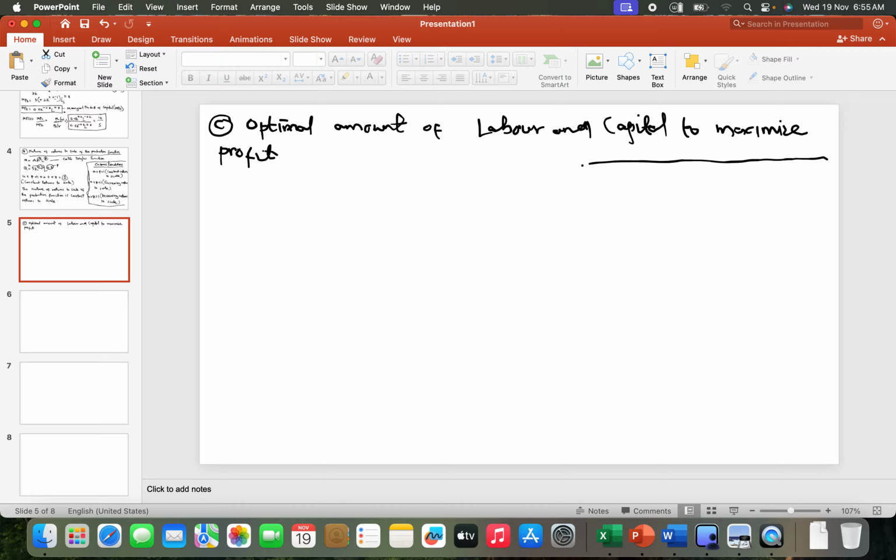So this is the C part of the question. Before we start, it means that in the question we are finding for labor. We are also finding for capital. That's what the question is asking us to solve.